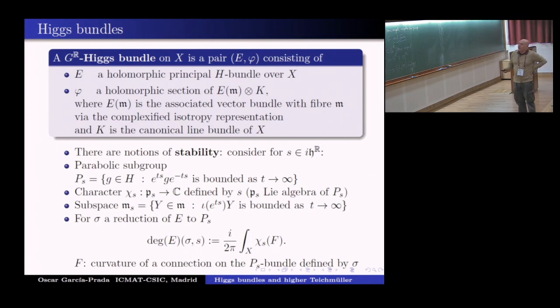Another ingredient that I need to define stability is the subspace M_s. This is a subspace of the isotropy representation, a subspace of M, defined by the directions that grow as t tends to infinity.